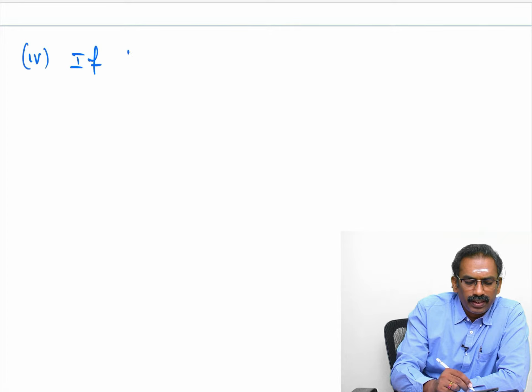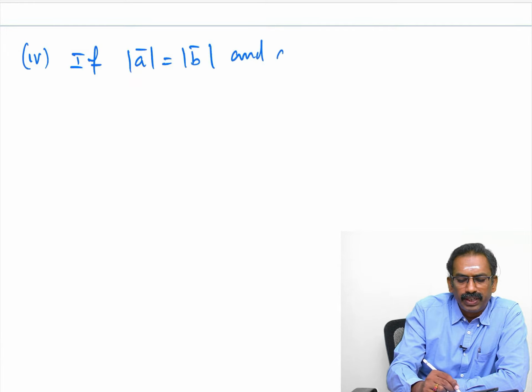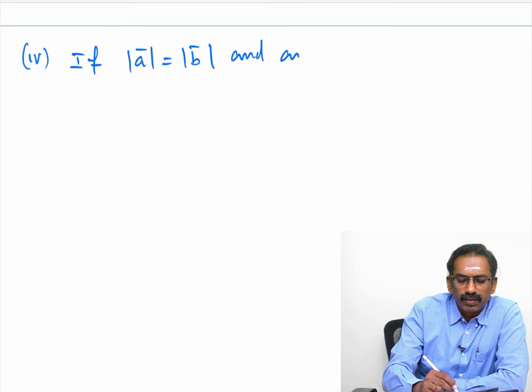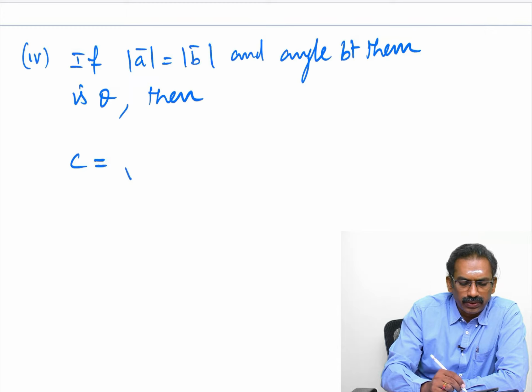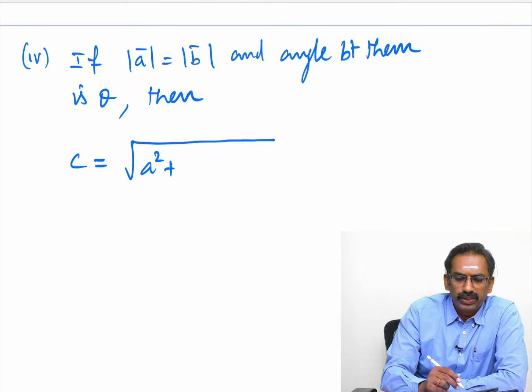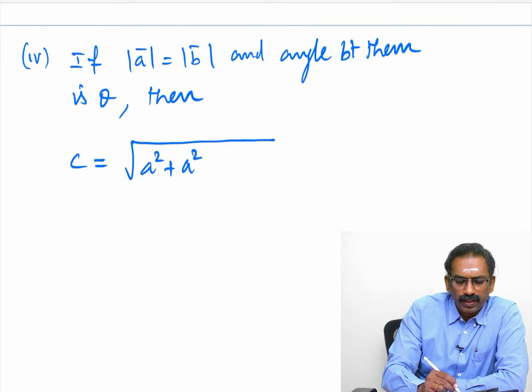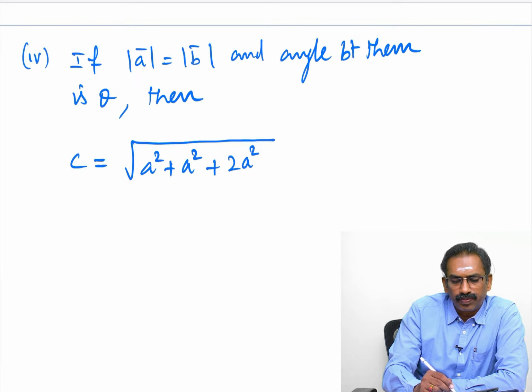If the magnitude of A is equal to the magnitude of B and the angle between them is theta, then the magnitude of C is equal to square root of A square plus B square plus 2AB cos theta, that is A square plus A square plus 2A square cos theta.